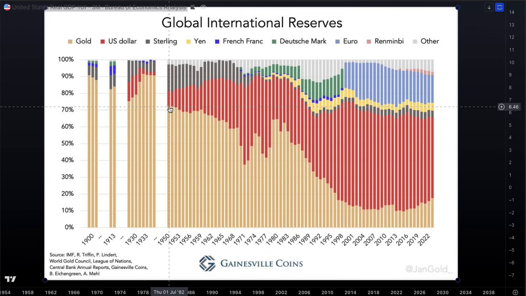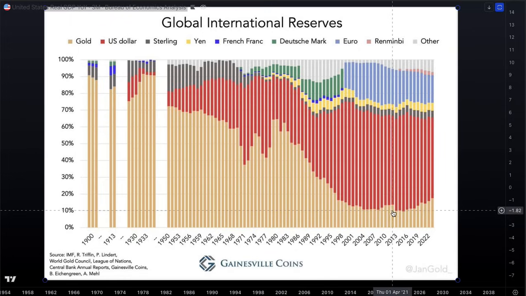Down to close to 70%, and ever since then has been falling pretty precipitously. And what's been taking its place? The dollar, right? We see that in red. We see that leading into World War II, it made up a very small portion of global FX reserves. But we can see that its share grew dramatically.